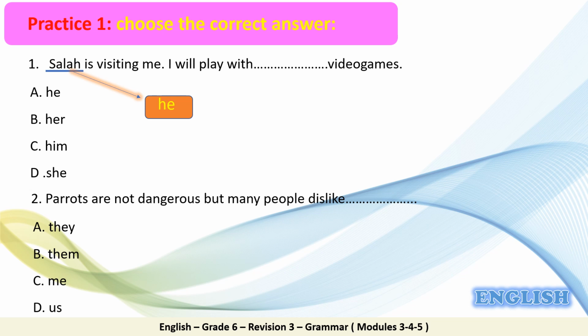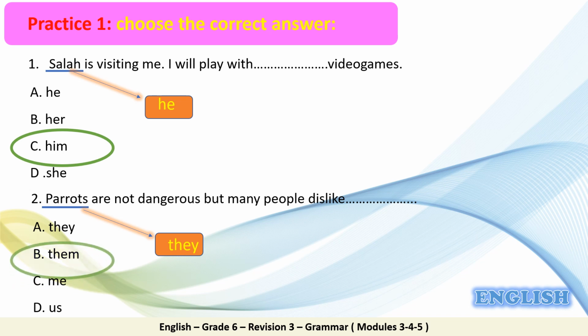I will play with him video games. Sentence number 2. Parrots are not dangerous, but many people dislike. They dislike them, dislike me, or dislike us. Very good. The subject is parrots, and parrots coincides with they. Very good. People dislike them. Good job.